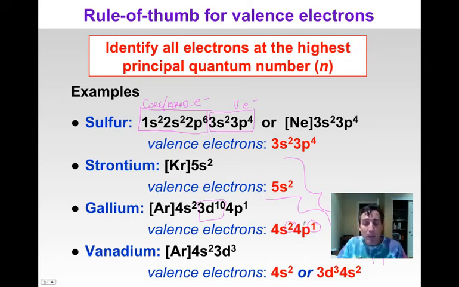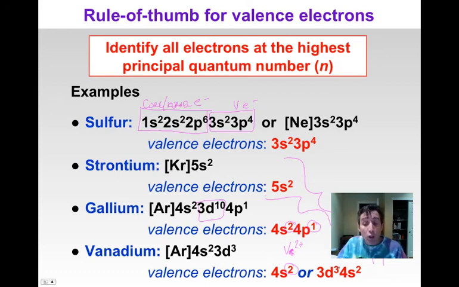And so what ends up happening is that, in this case, vanadium can lose these 2 electrons first. So vanadium can form V2+.